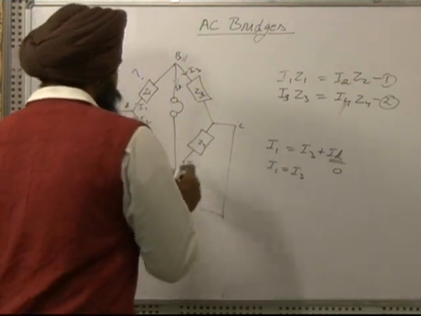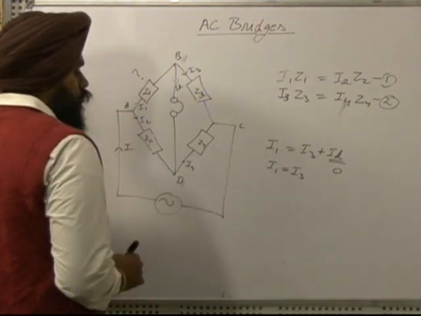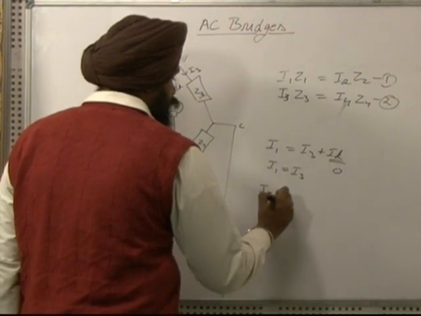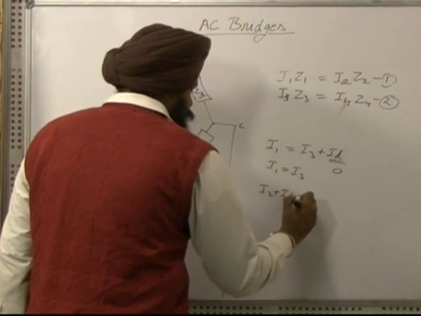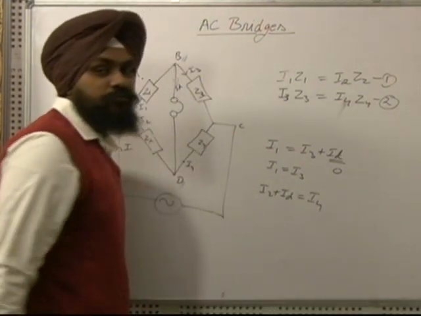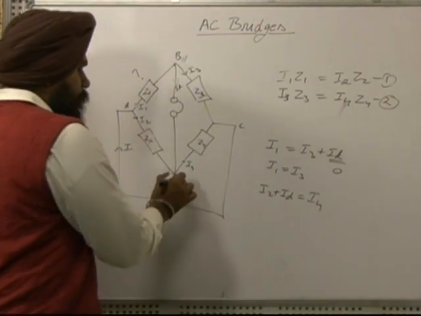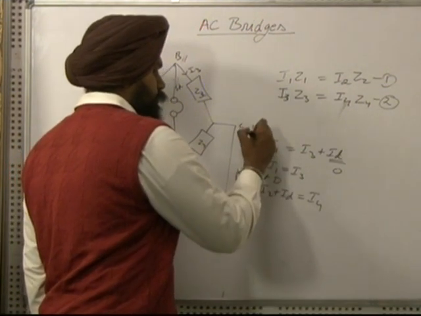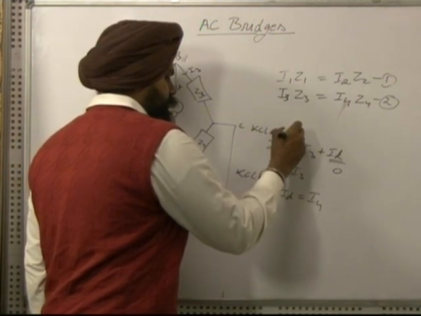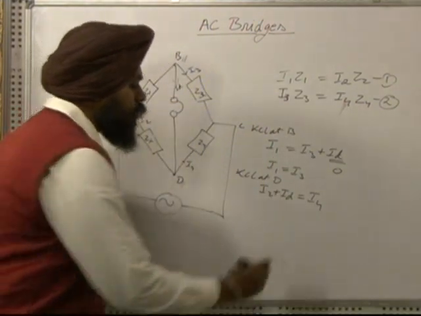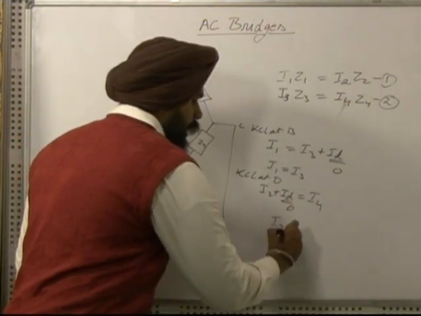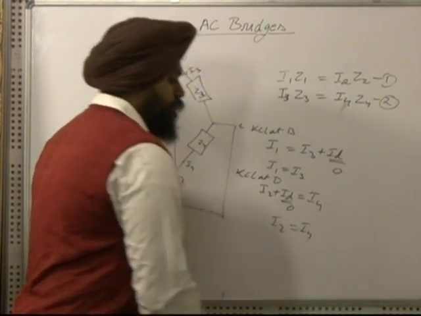Okay. Similarly, if we apply KCL at node D, incoming current is I2 plus ID is equal to I4. Now because ID is 0 under balance condition, I2 is equal to I4.